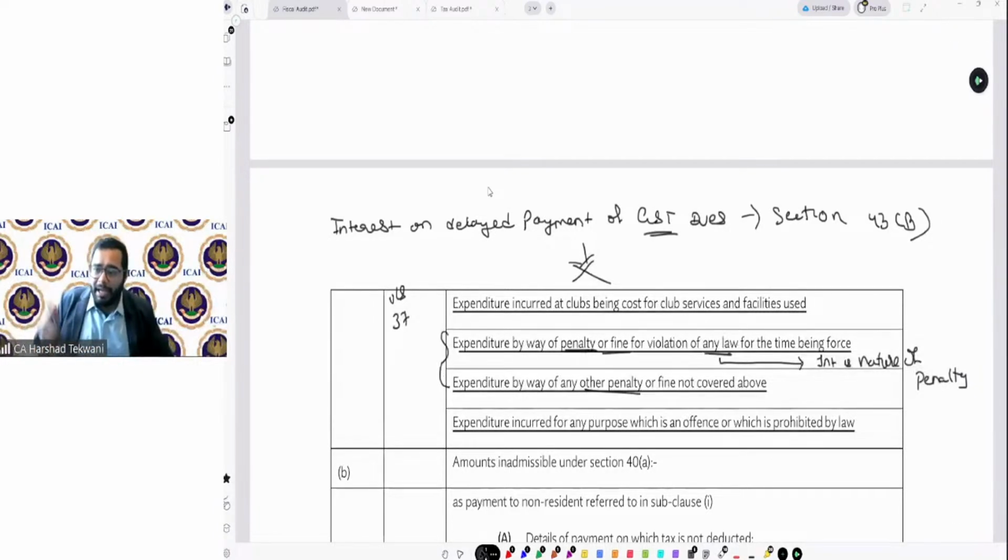It's not a penalty, it can be included. Oh, sorry, it cannot be included in this way. Here, it is part of 43B. Clear? So interest on delayed payment of GST will not be falling under this clause, because interest is not a penalty. Yes, absolutely correct.